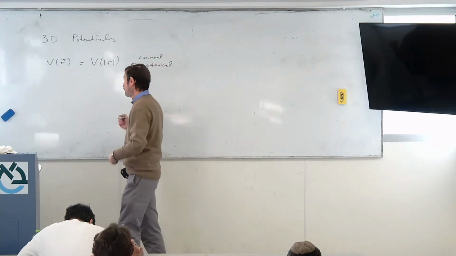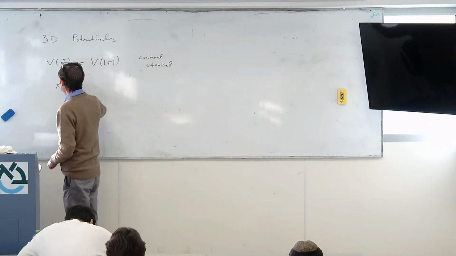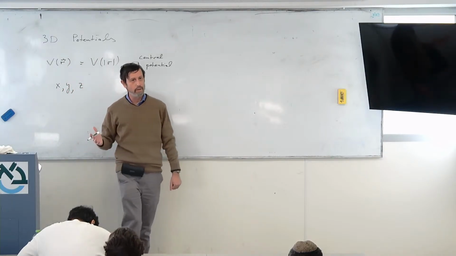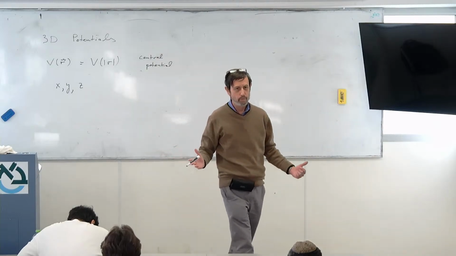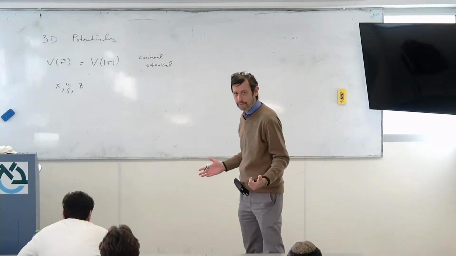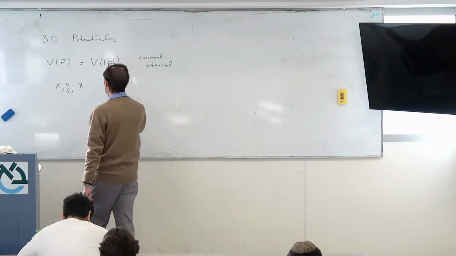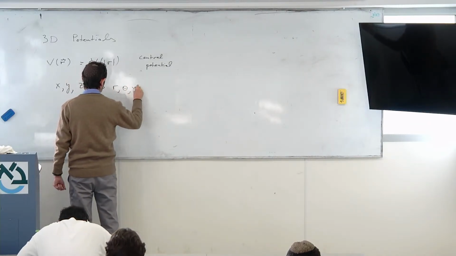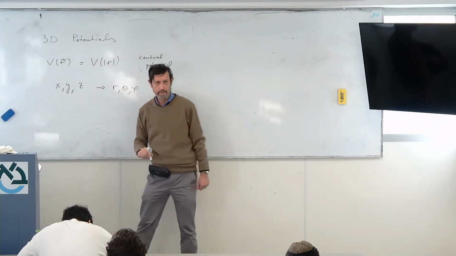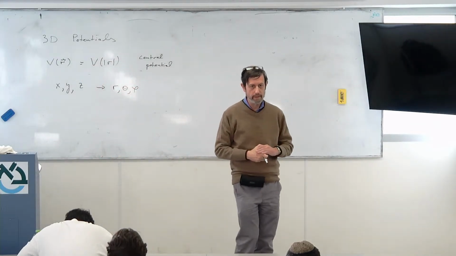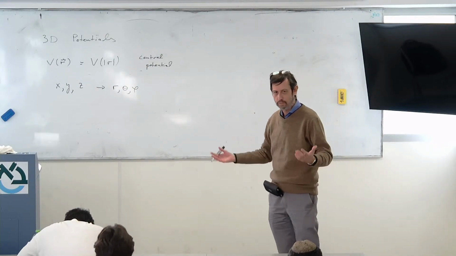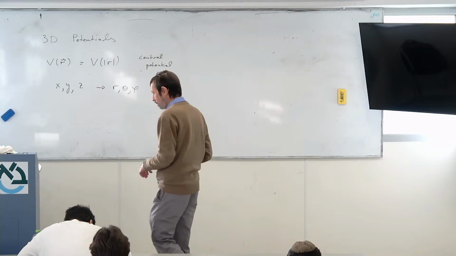But for these types of potentials, using x, y, z is the worst thing to do. We will want to move to spherical coordinates, and I'll just remind you how they are defined, what their properties are, and so on.